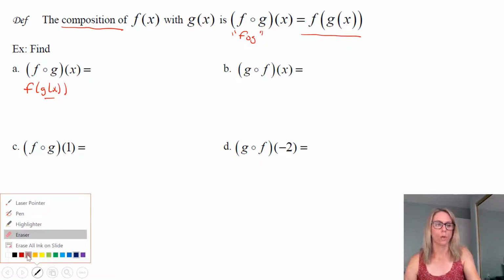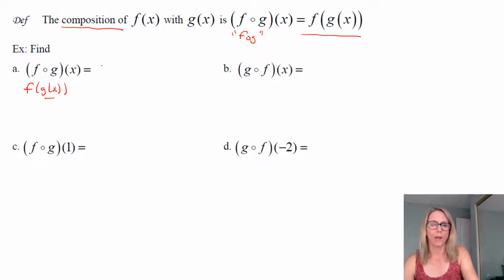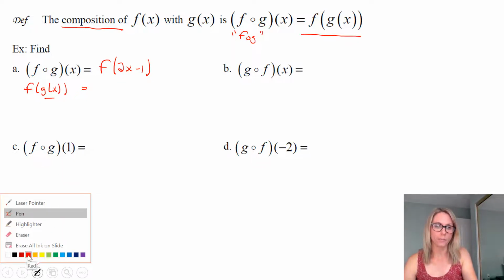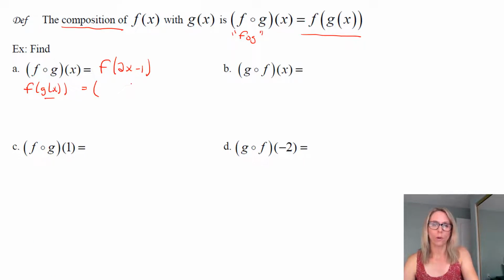So what it means is we're doing f of g of x. G of x, again, from above is 2x minus 1. So I'll do an intermediate step there. So it's saying take 2x minus 1 and place it into the function f where you see x. So since f is x squared, we're going to replace x with 2x minus 1. And that's it.